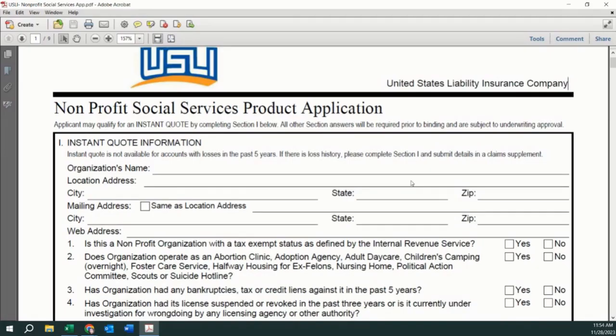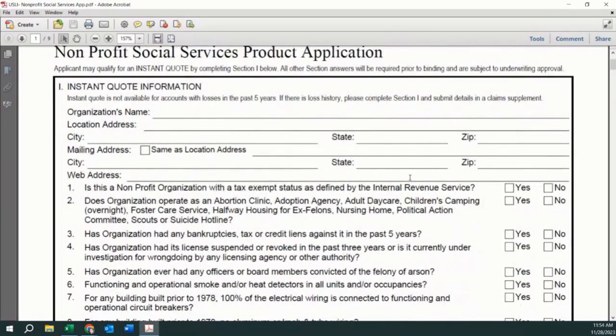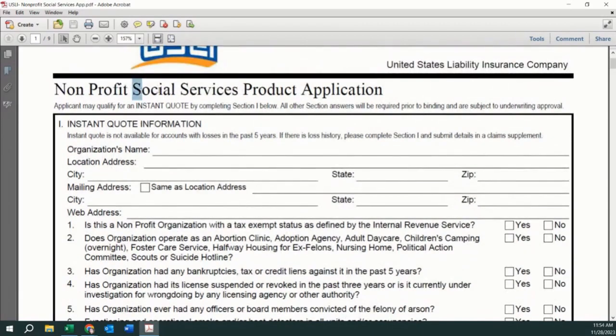This is really important to making sure that you get a policy, one, that you get approved, and two, that it's affordable. A lot of people have failure to launch because they don't get this policy or a social services type of nonprofit policy or something for their LLC.